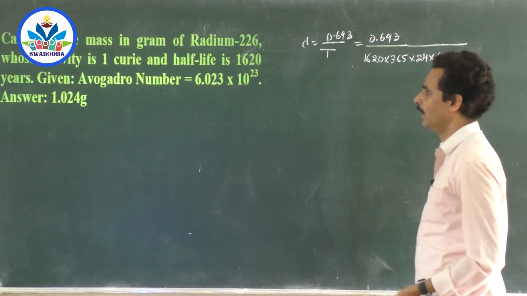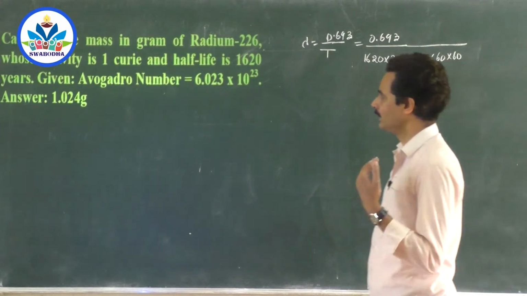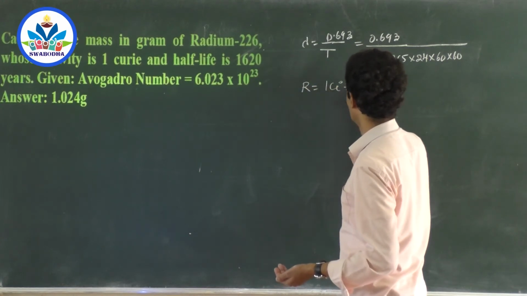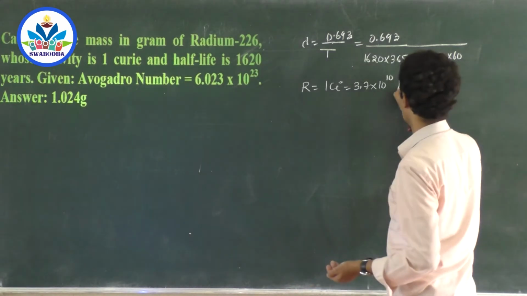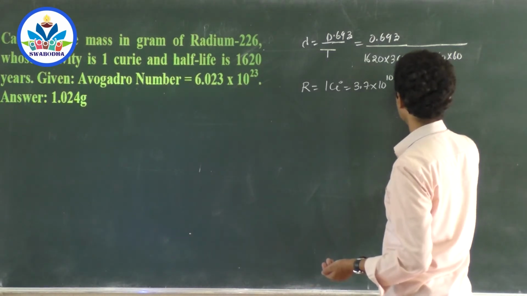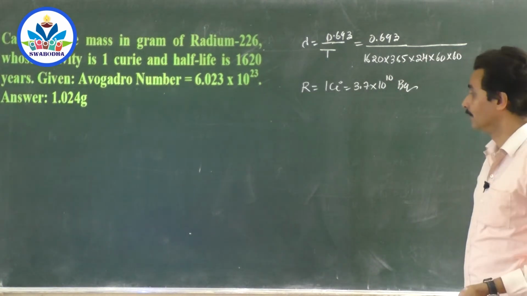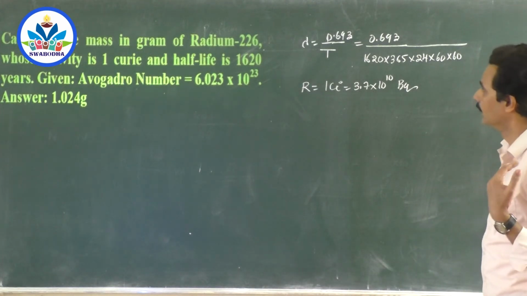That is lambda. What about the activity of the sample? Activity of the sample is 1 curie, which is equal to 3.7 into 10 to the power 10 disintegrations per second, or becquerel, Bq. So that is activity, converted into the SI system. Then what next?